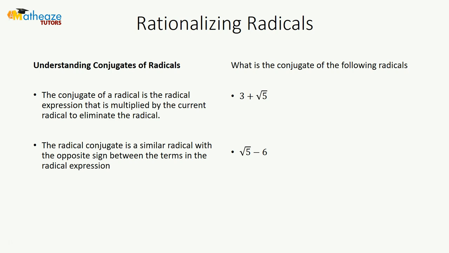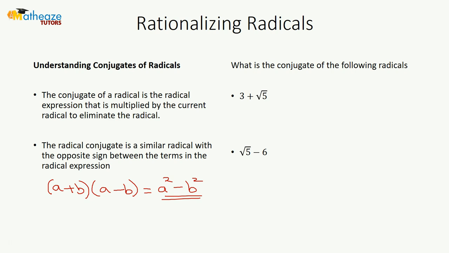There is a special case of binomial multiplication: when we have a plus b and a minus b, we can safely do a squared minus b squared and know that we have the right answer. Because the radical here is a square root, if we take the square of the square root, we get rid of the square root sign, which is the radical sign.